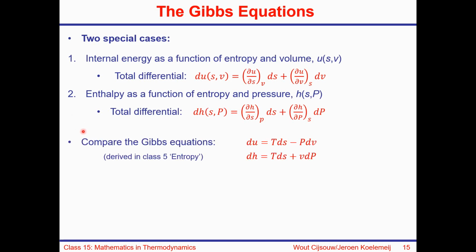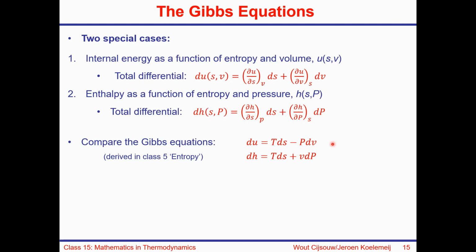And hey, this is interesting now because in class 5, we actually derived the Gibbs equations. This is one Gibbs equation, which can be derived from the first law of thermodynamics in combination with the second law of thermodynamics. If you want to know how that went, you can go back to class 5 and look it up.